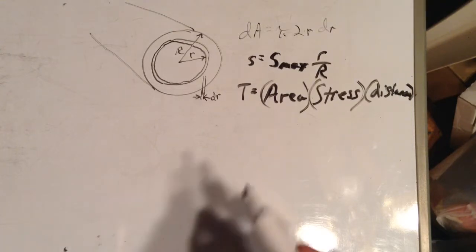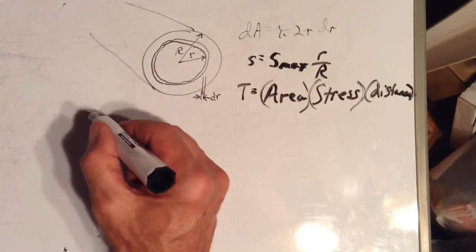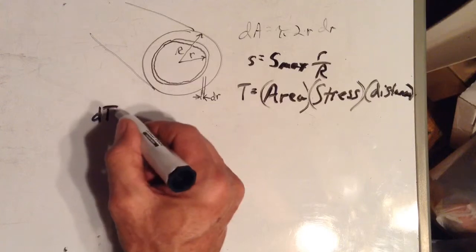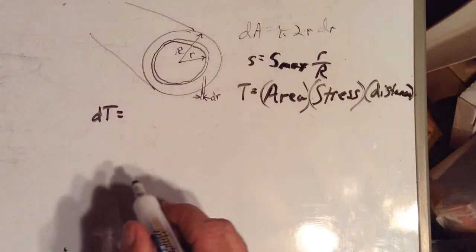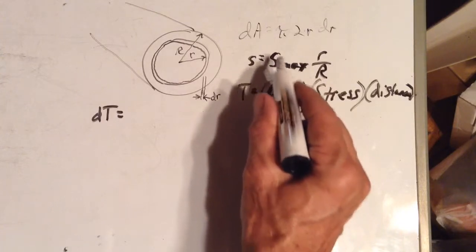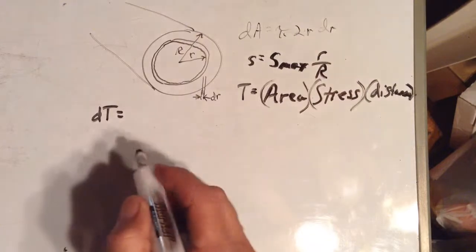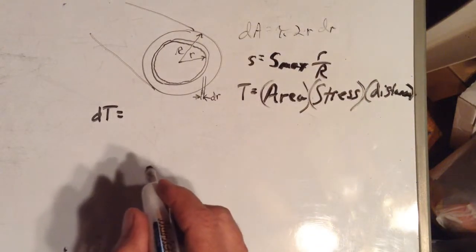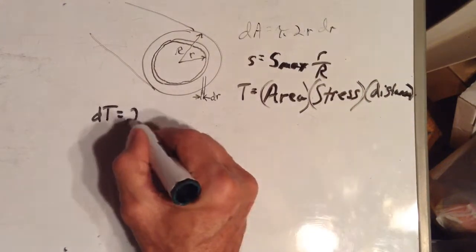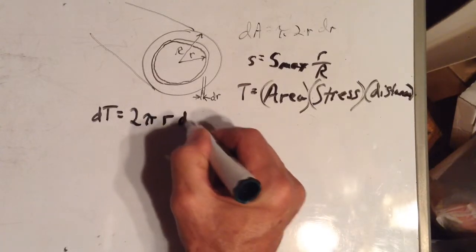So our little increment of torque, we'll call it dt. dt equals our area, dA, pi times 2r times dr, and 2 pi r dr.